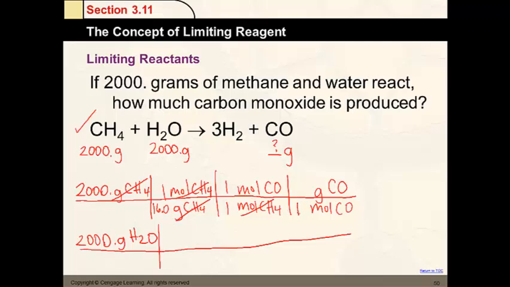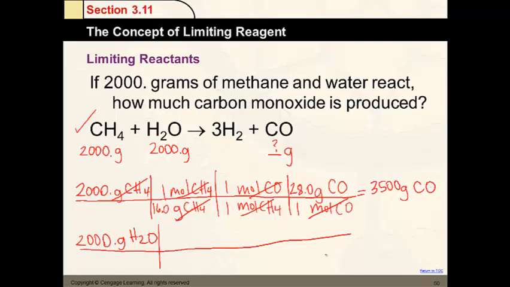Here, for every 1 mole, 1 carbon is 12, plus oxygen is 16, so this is 28 grams per mole. If I were to calculate this, 2,000 times 28 divided by 16, I would get 3,500 grams of carbon monoxide.